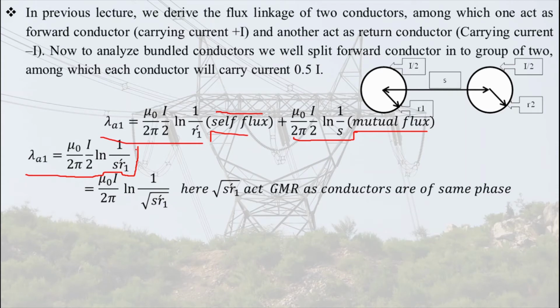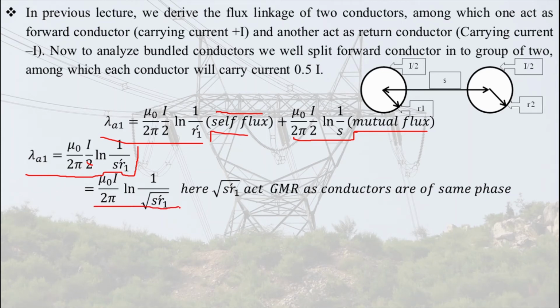Why is this? Because we know that log a plus log b is equal to log ab. So finally, taking this 1 by 2 inside the log, we get mu naught I upon 2 pi log 1 by root s r1 dash.